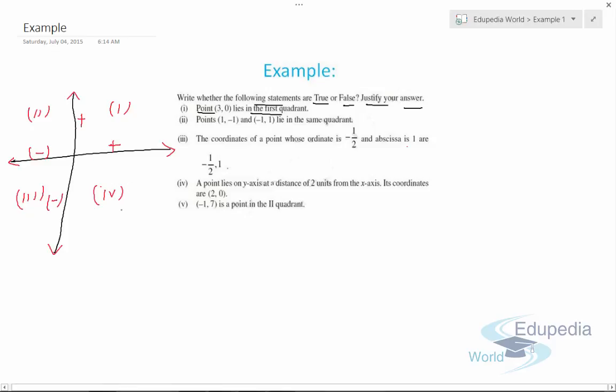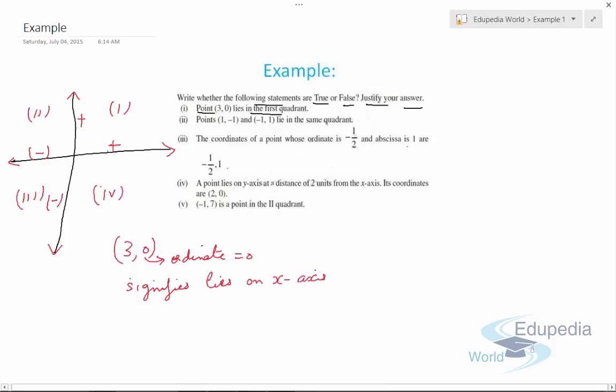So the point is (3, 0). Now we can clearly see that in this point the ordinate part is 0, which clearly signifies that this point lies on the x-axis.